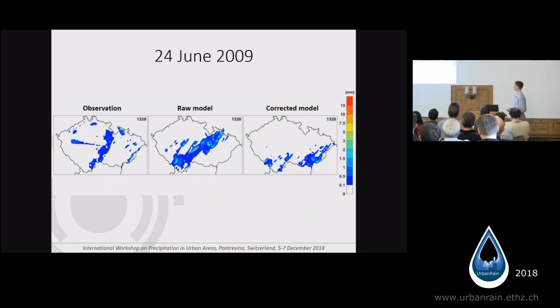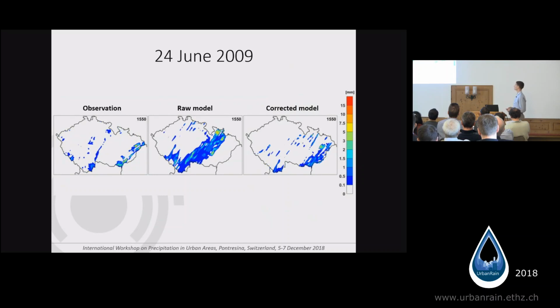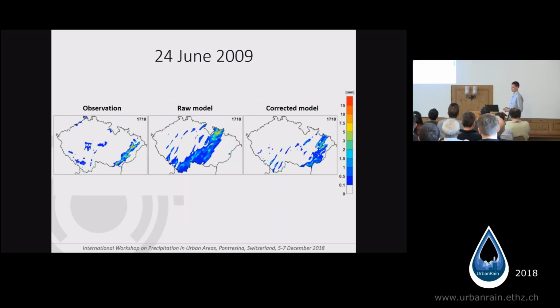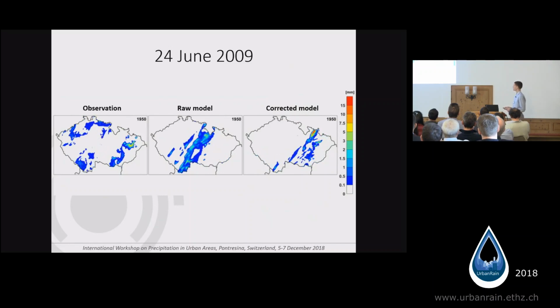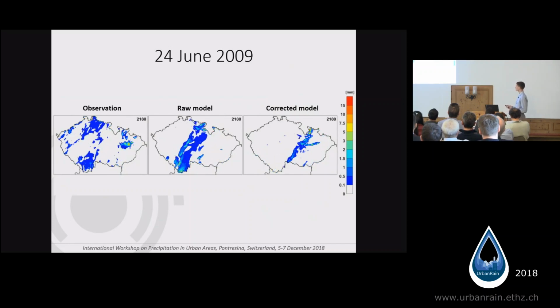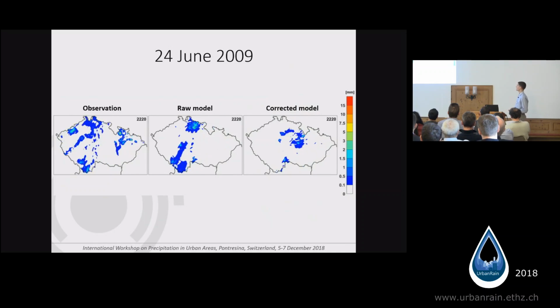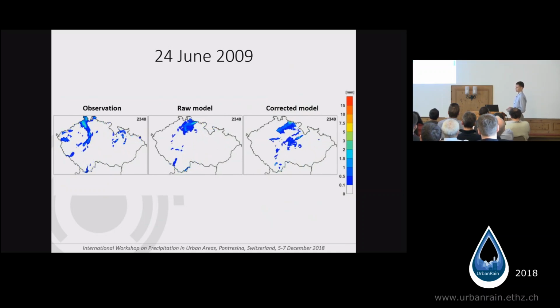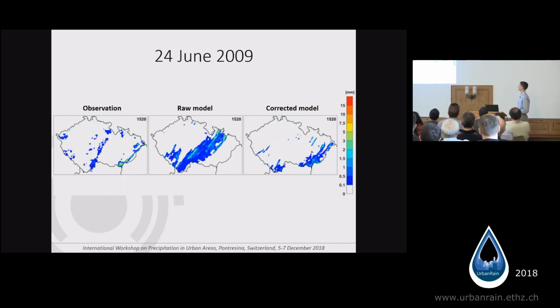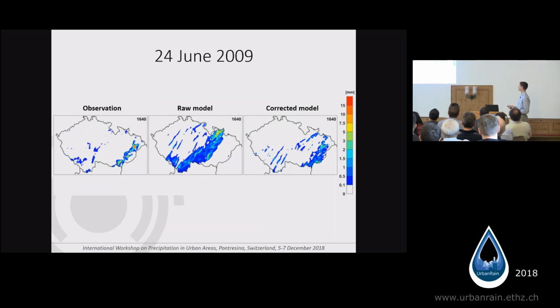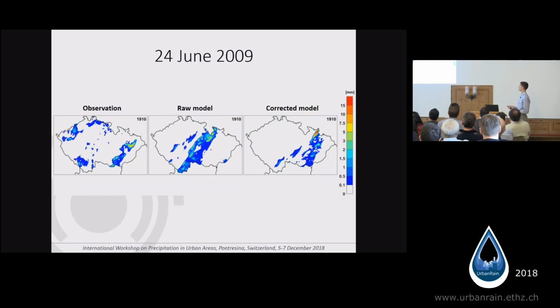This is an animation of reconstructed 10-minute precipitation from 24th of June 2009, the right panel, compared with raw model forecast and observations. During this event, a heavy convective precipitation hit the east part of Moravia, and the raw model wrongly forecasted this event.